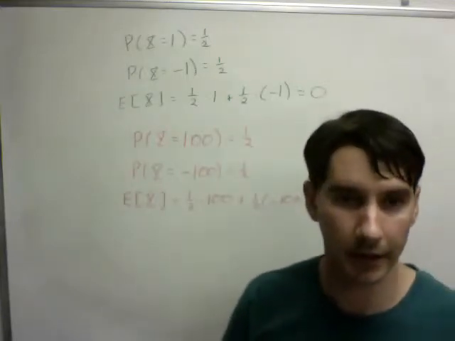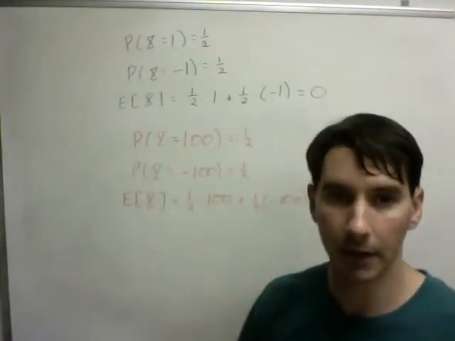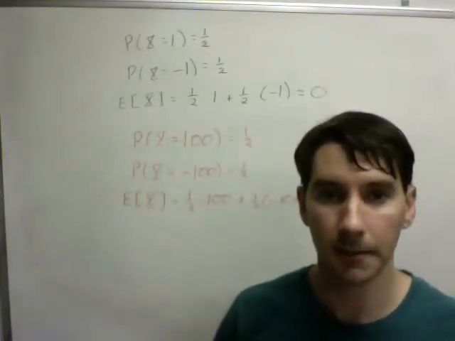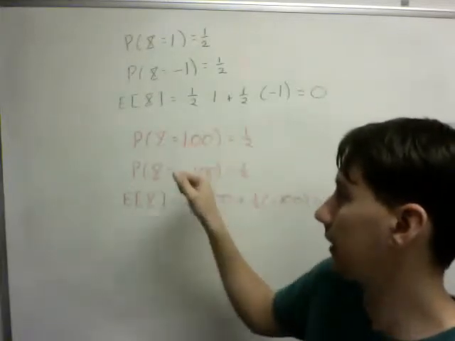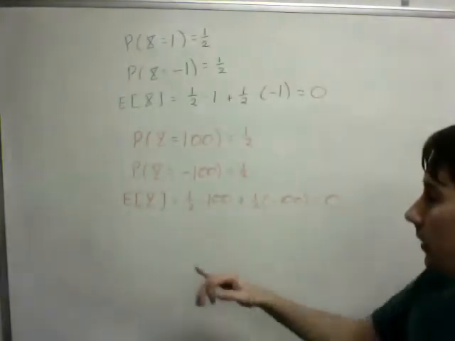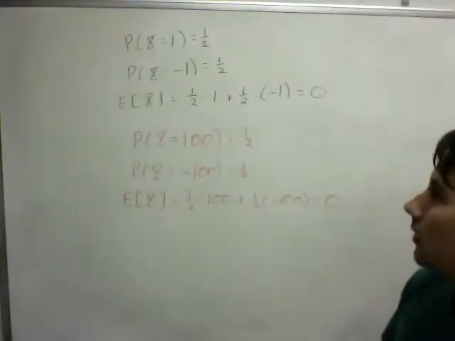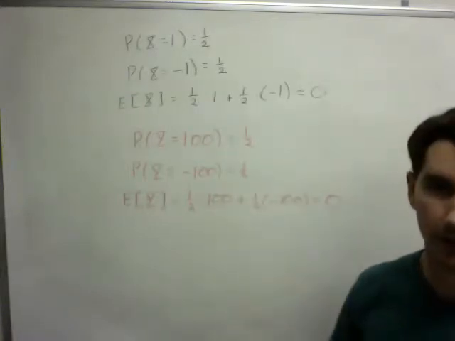But let's say there's another game, which we'll represent by Y, and in this game the payoff is $100 rather than $1. So we'll flip a coin. If I get a heads, you gain $100, and if I get a tails, you have to pay me $100. Well, the expected payoff is still 0. So in either game, you have the same expected payoff. It still balances out to 0.